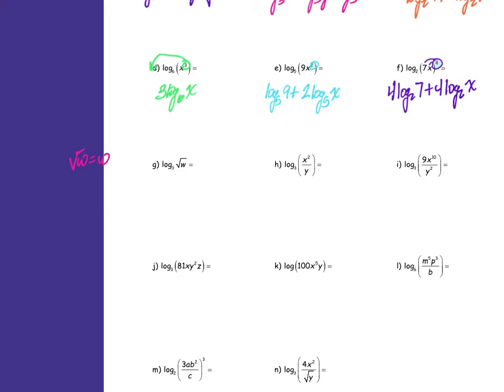So let me write it this way. If I have the square root of 4, that equals 4 to the second? It's not the second, because that would be 2 equals 16, right? So that doesn't work. So it's not squared.